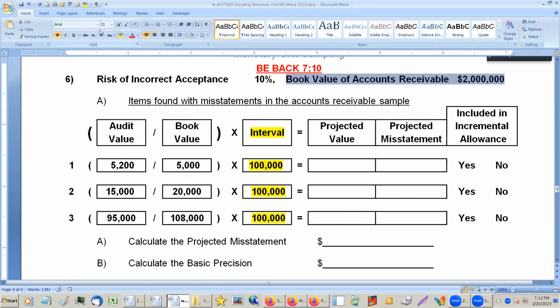Very good. Yeah, so 2 million divided by the 100,000 means that we must have had 20 items. And of those 20 items, the 3 down below here were the three that we found that had problems.